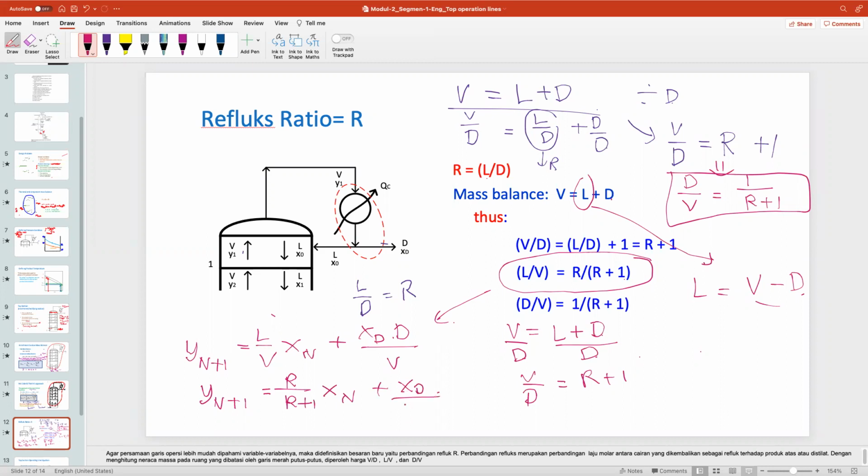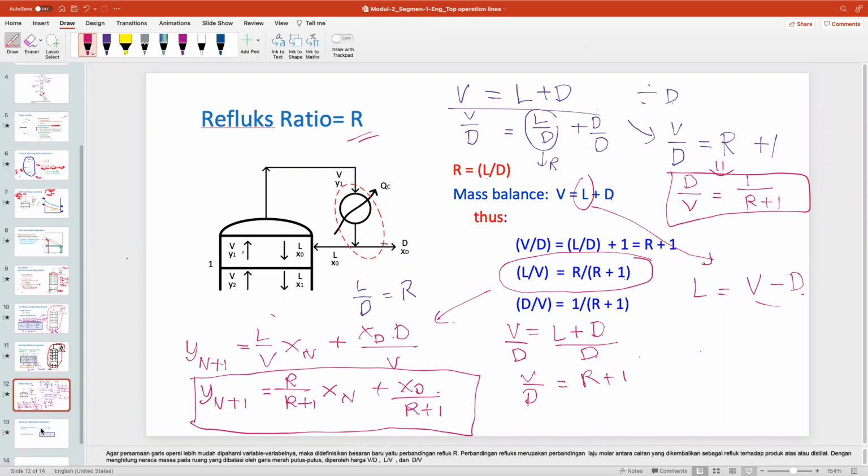So then we get a new equation, so we don't need to calculate L, V, and D, but we can just put it using the reflux ratio on both sides. So this is the importance of the reflux ratio.